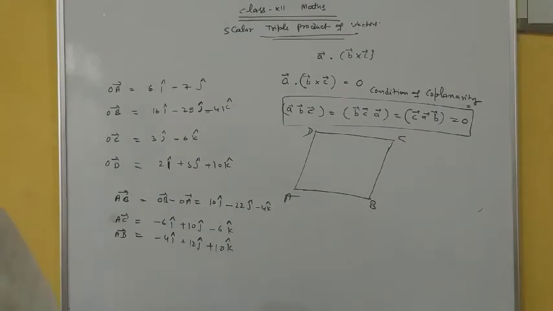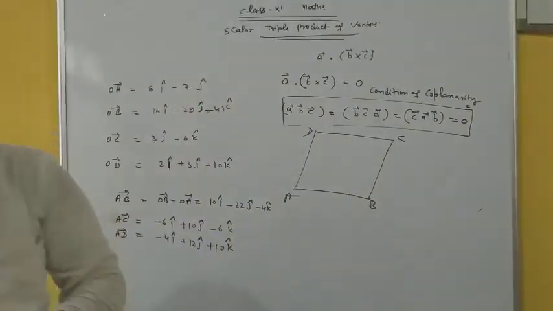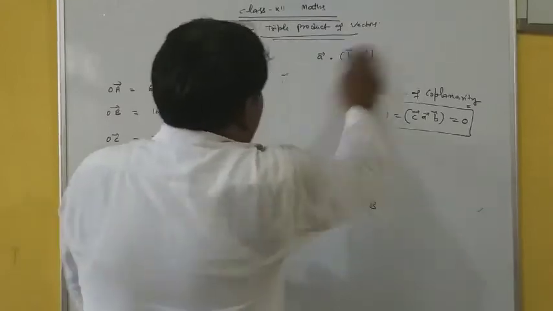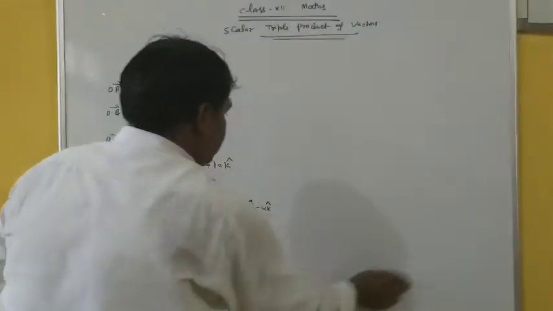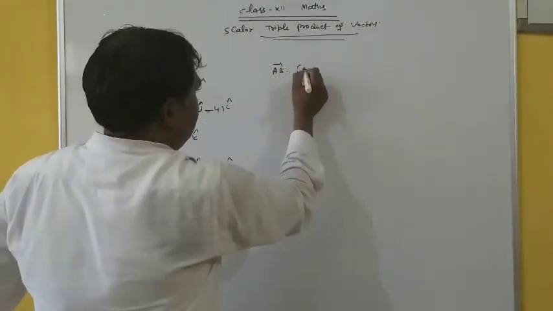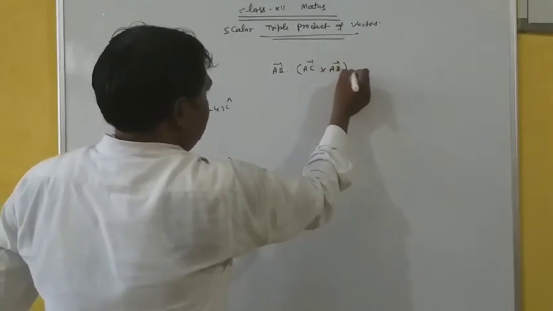Now we take AB vector dot AC vector cross AD vector.